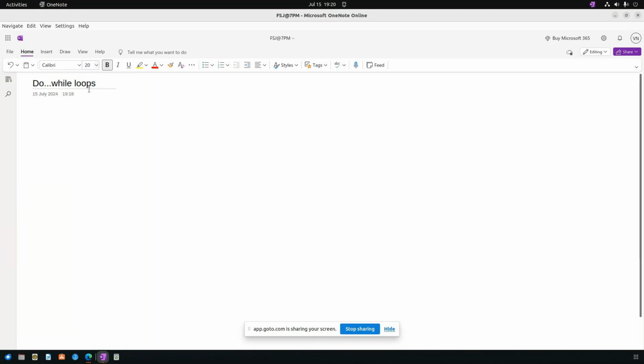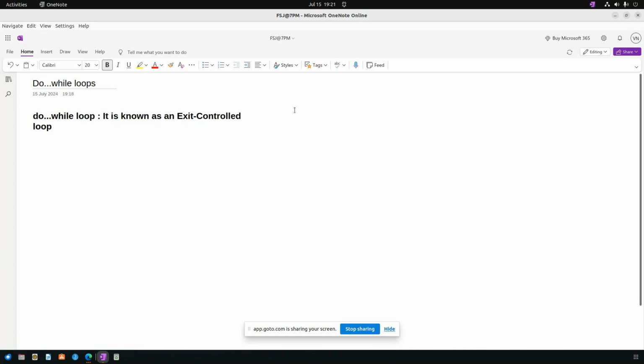A do while loop is basically where we say do. It is known as an exit controlled loop.